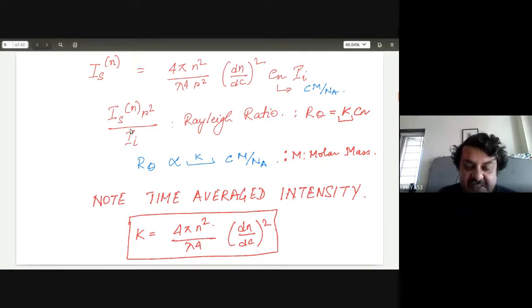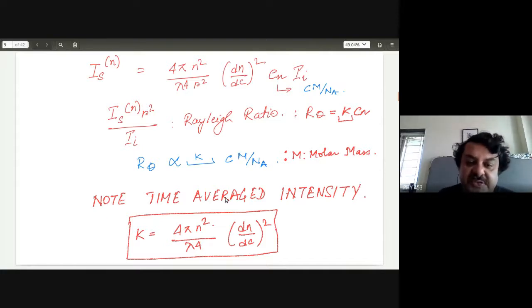Now, if you measure this, and that's what you measure in a scattering experiment, then R theta is this constant into C m by Na. If you know the density, if you measure this, then you get the molecular mass of your polymer.